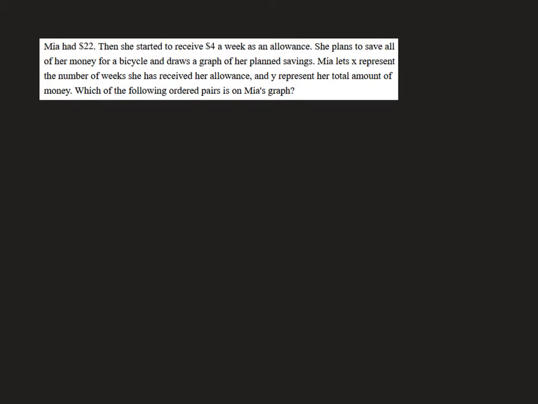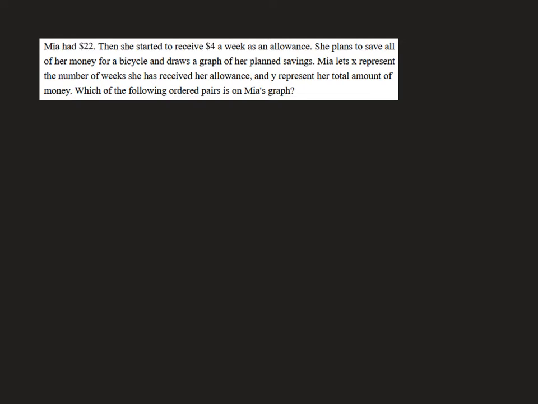So here we have a problem that said Mia had $22, then she started receiving $4 a week on an allowance. She plans to save all of her money for a bicycle and draws a graph of her planned savings. Let X represent the number of weeks that she has received her allowance and Y represent her total amount of money.